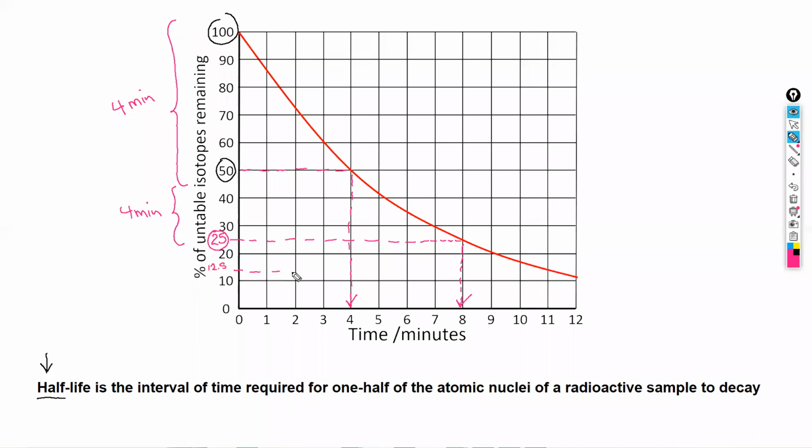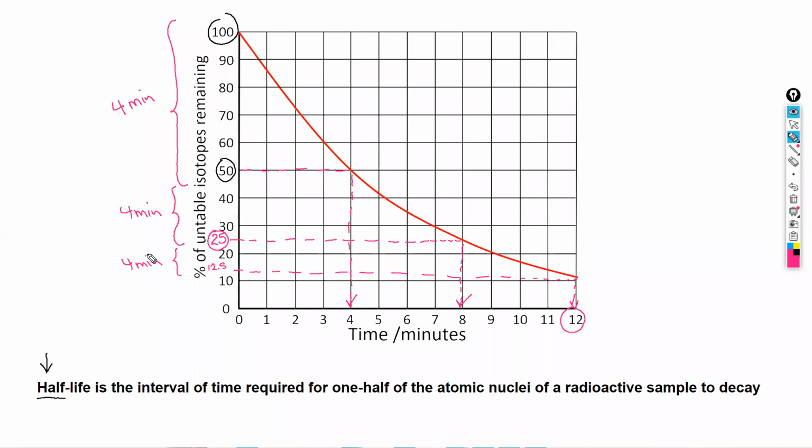And roughly how long did it take to do that? Right? It's an approximation. My graph is not perfect. It takes us to 12 minutes. But remember, we were at 8 minutes. And how long did it take us to reach 12 minutes? That's another 4 minutes.